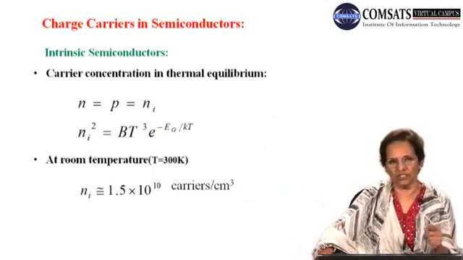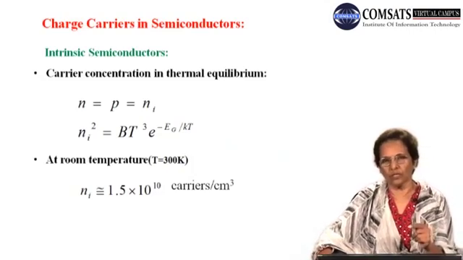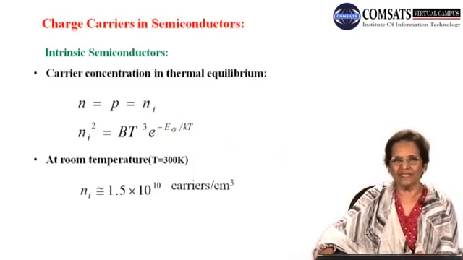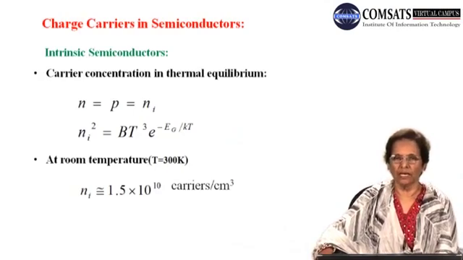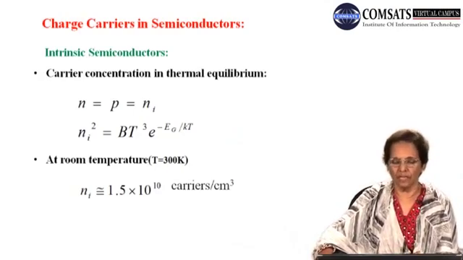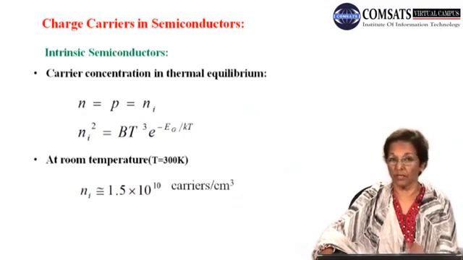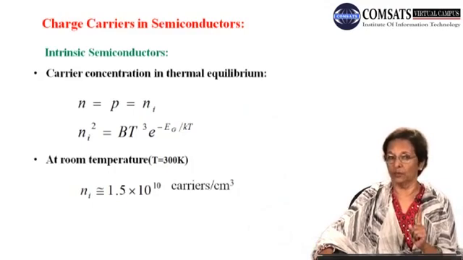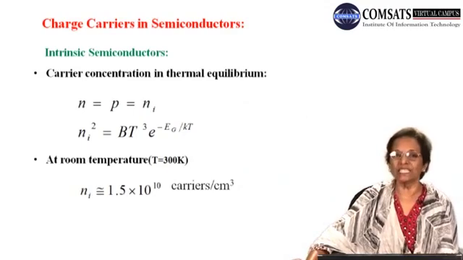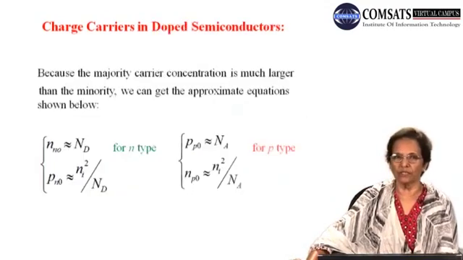This concentration of holes and electrons is termed the intrinsic carrier concentration in the pure material, and its value at room temperature, which I again write at the bottom of the slide, is 1.5 × 10 to the power 10 electrons and holes per cubic centimeter. If you increase the temperature, this value would increase. It will no longer be the same.